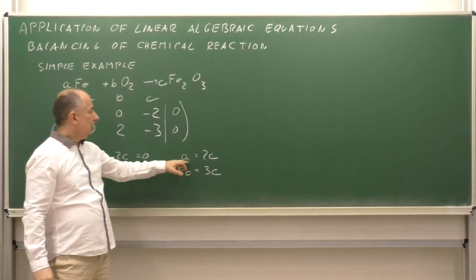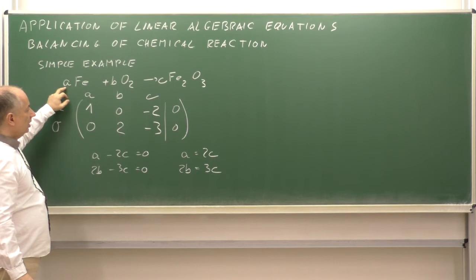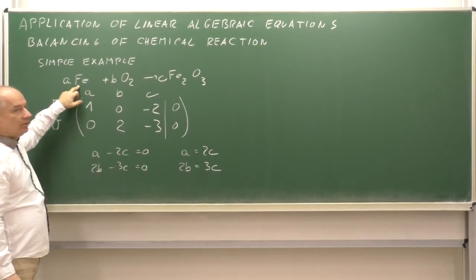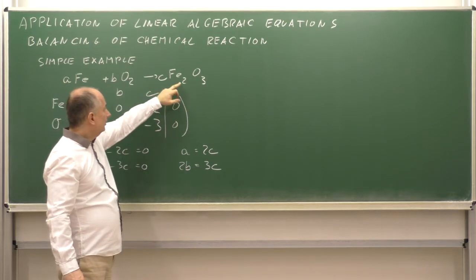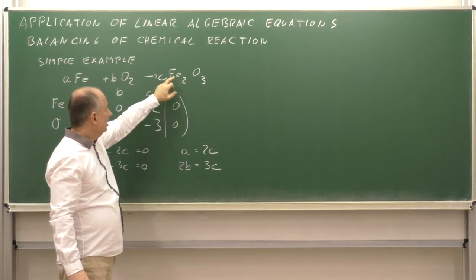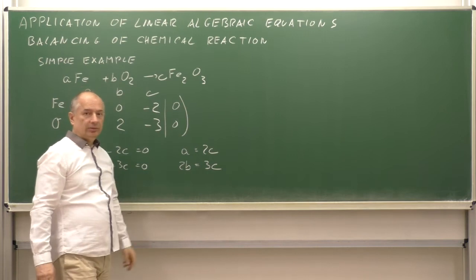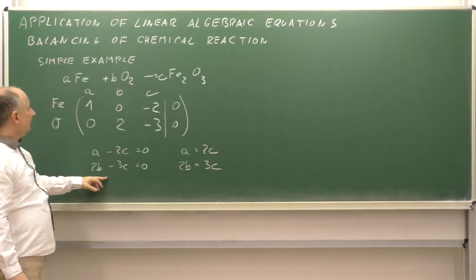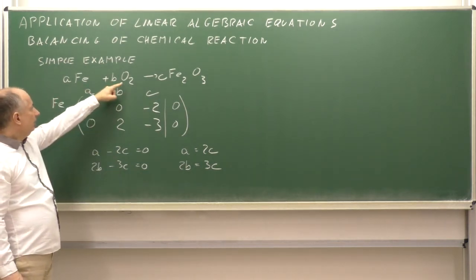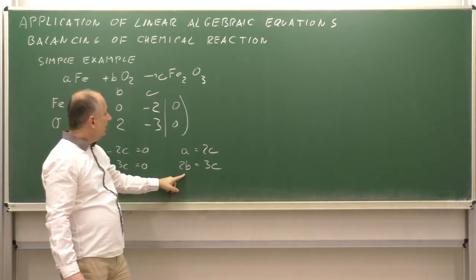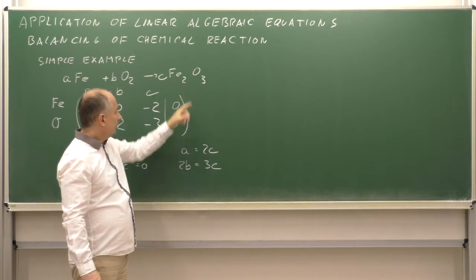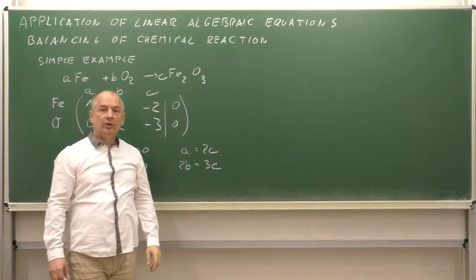A must be indeed equal to 2C, because if we have A atoms of iron on the left, then we have 2C iron atoms on the right. And similarly for the oxygen, if we have 2B atoms on the left, and we have 3C on the right, this must be the same.